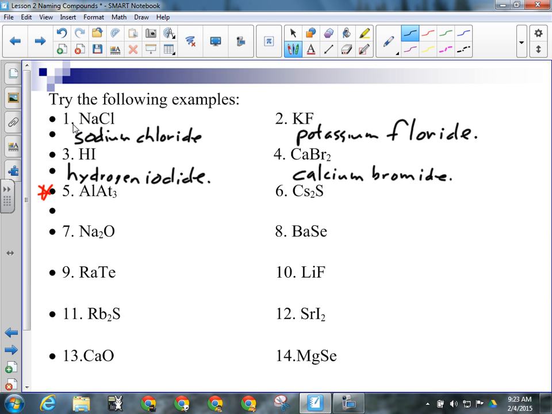All right, and then number 5, I've got aluminum and I've got astatine together. So this is going to be aluminum astatide. All right, let's try 6 to 10.